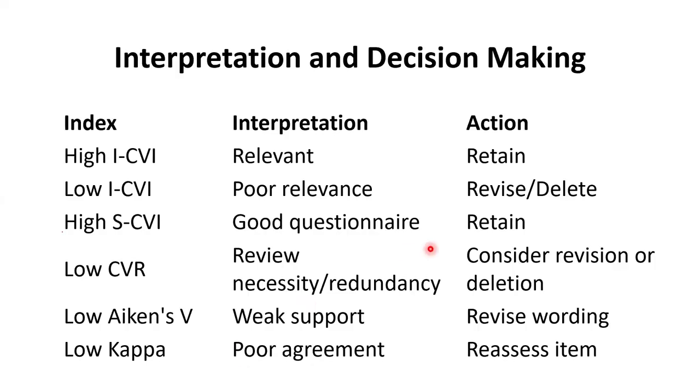And then depending upon your interpretation of the values which you get, you have to act. So whether you want to retain it, whether you want to revise the question, or whether you want to drop it, those kinds of actions need to be taken based upon the results of these kinds of analysis.